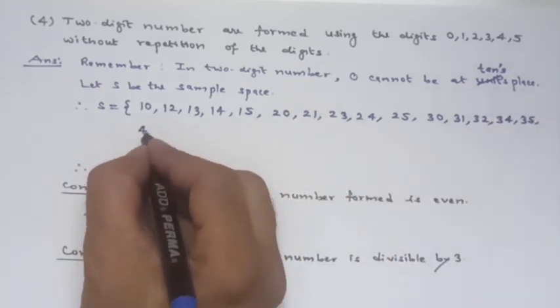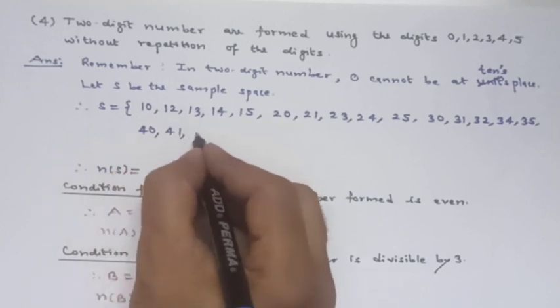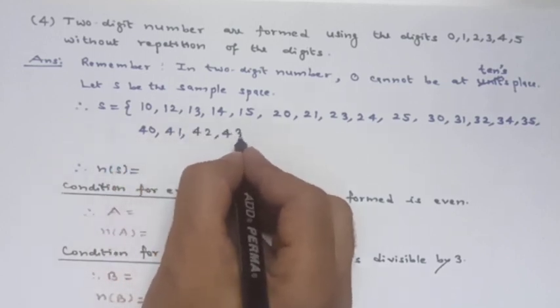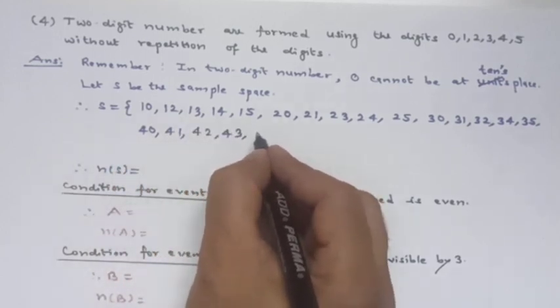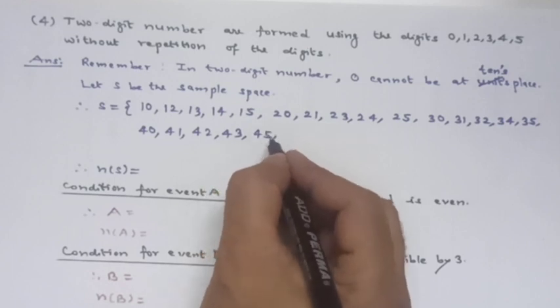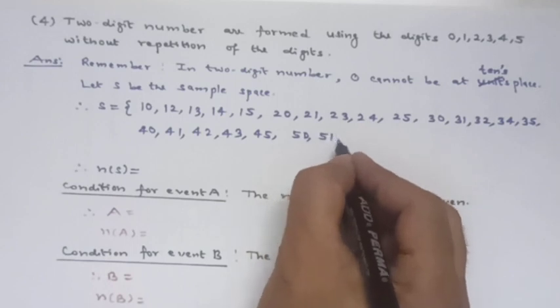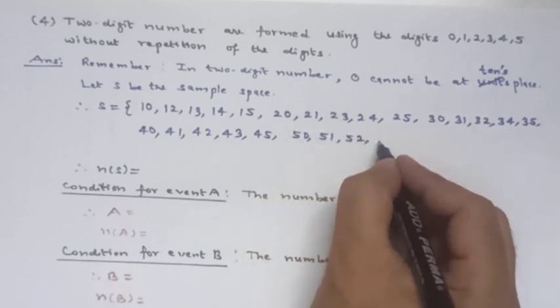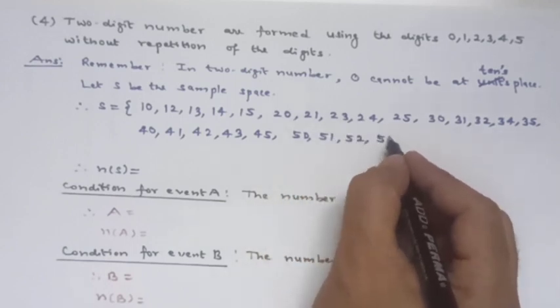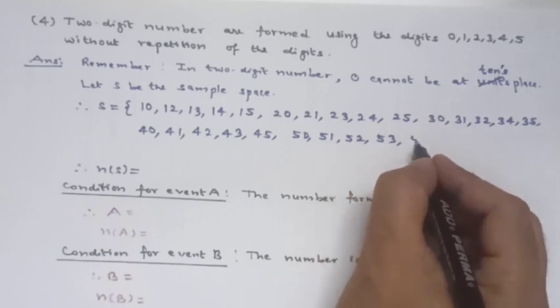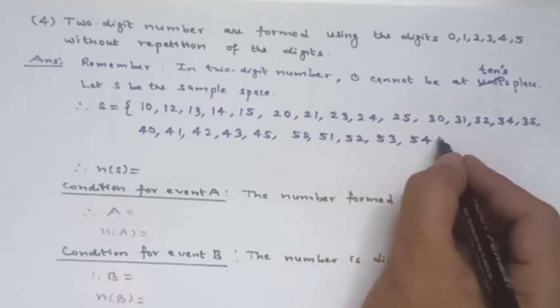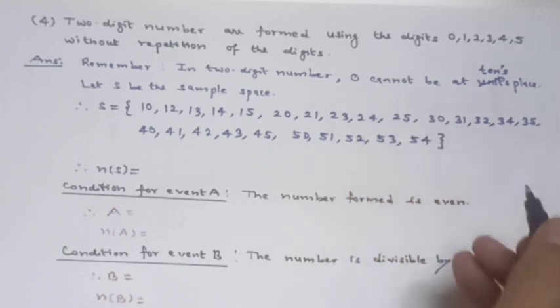Also 4, 0, 4, 1, 4, 2, 4, 3, 4, 4 not possible, 4, 5, 5, 1, 5, 0, 5, 1, 5, 2, 5, 3 and 5, 4. That's all. 5, 5 is not possible.